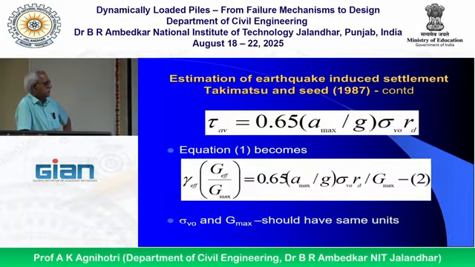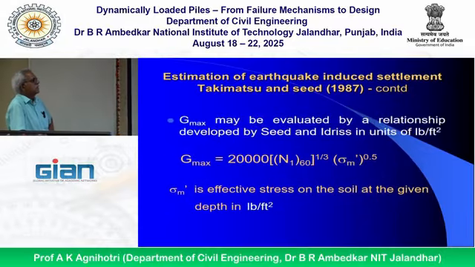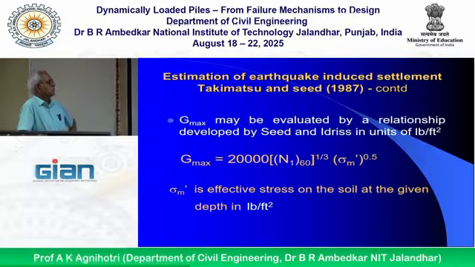Here sigma V0 and G max should have the same units. Now G max can be calculated by this equation from geotechnical engineering. This equation will give you the answer in pounds per square feet. If 20,000 is used, the answer will be in pounds per square feet.